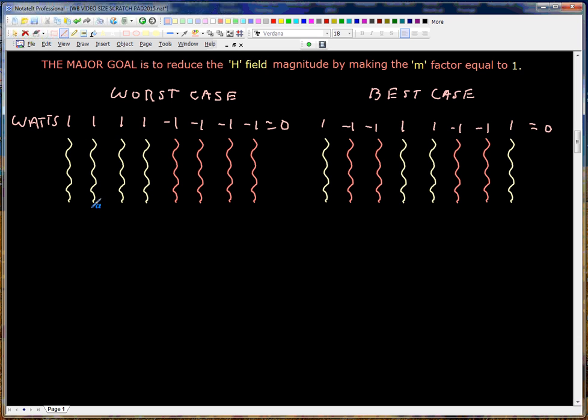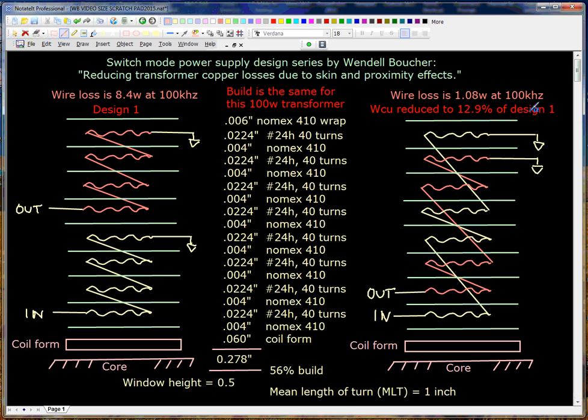The reason for that is because the H field at this point in the winding and at this point in the winding, for both cases, is 0. I'll show you up above again. The H field here is 0. The H field here is 0. H field here is 0, and the H field here is 0. That's the nature of closely coupled windings.